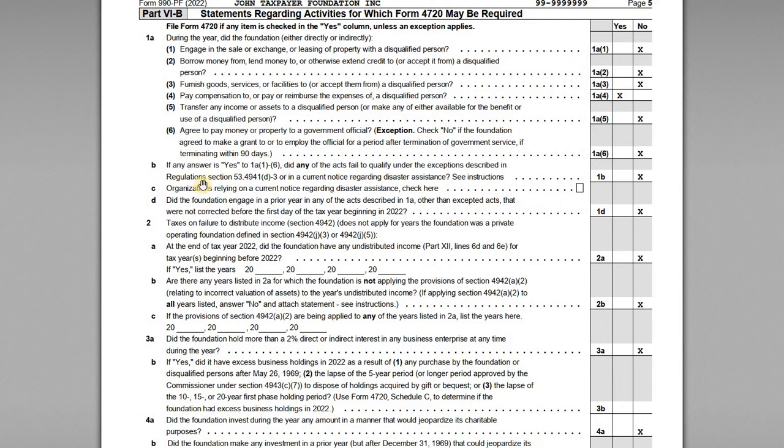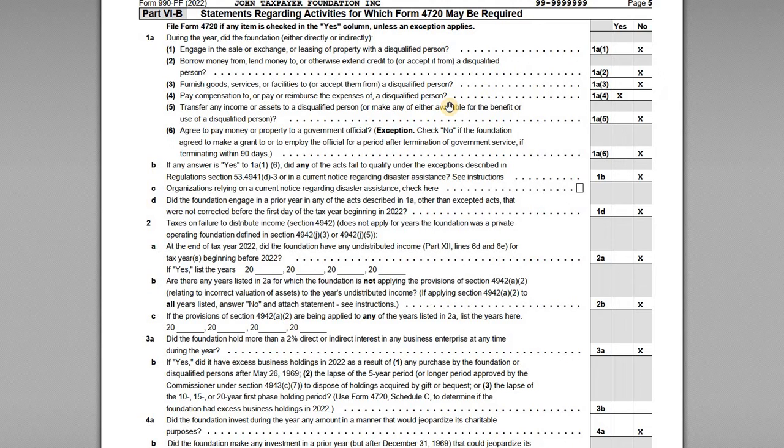So when you get down to 1B, it asks, if we answer yes to any of 1A through 1.6, did any of these acts fail to qualify under the exceptions described under the regulations? In our case, these would make an exception for those rules. A common exception is if you pay disqualified persons a reasonable wage to manage the foundation.